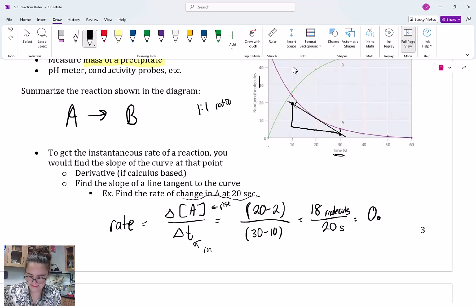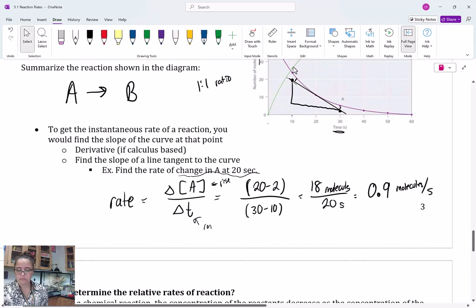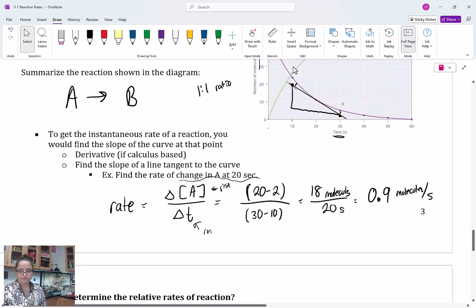So I'm going to estimate, need a calculator for that. About 0.9 molecules per second are reacting. Okay, cool.